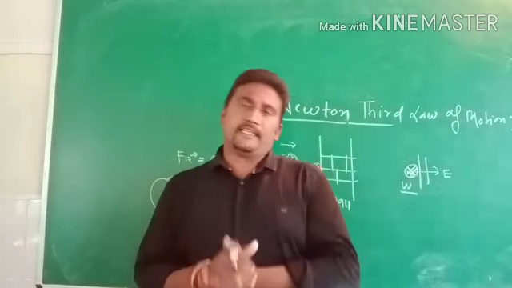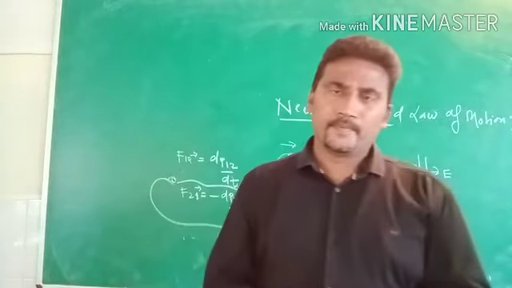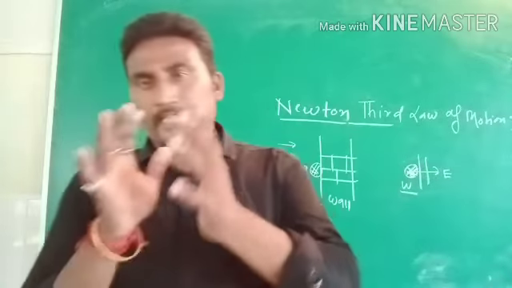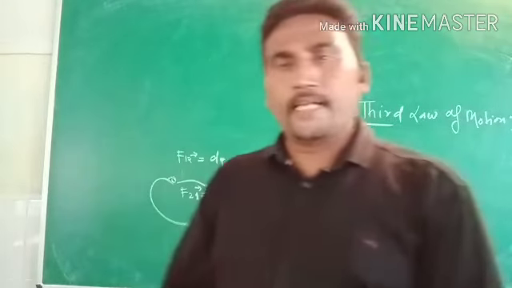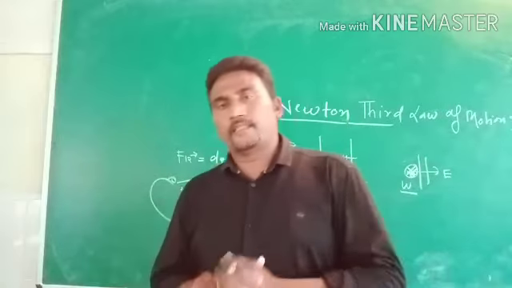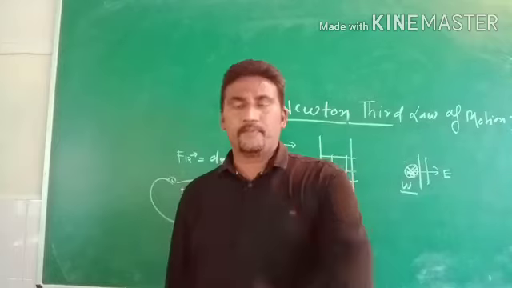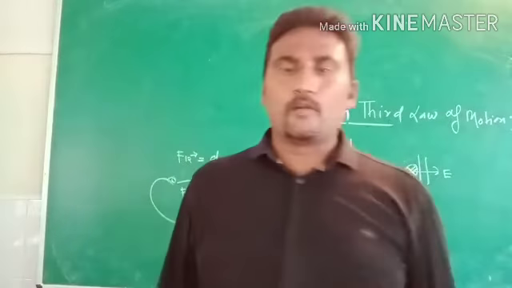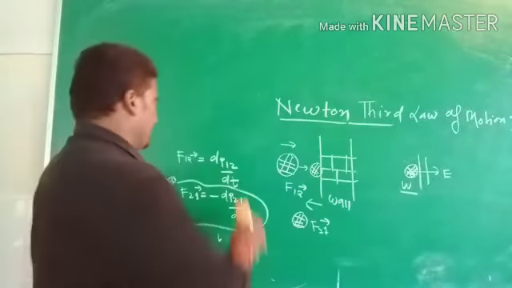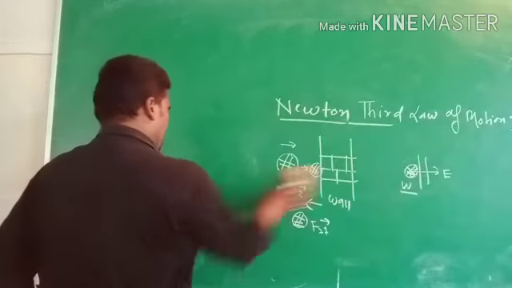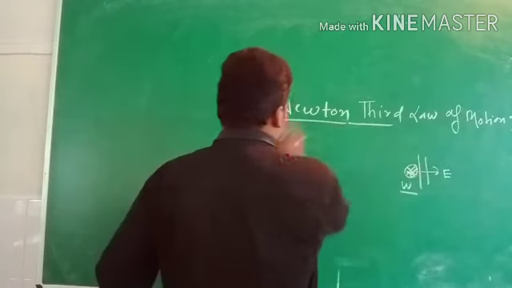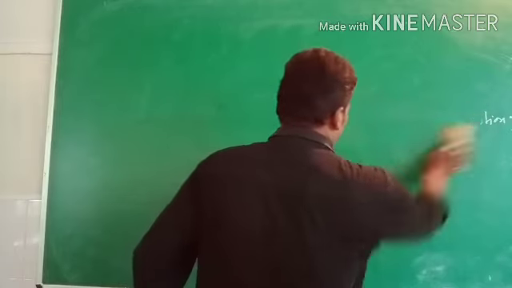It is generally of three types: first is static friction, second is limiting friction, third is kinematic or dynamic friction. Now we discuss our topic, what friction is, how it works in different appliances, and how many types there are.